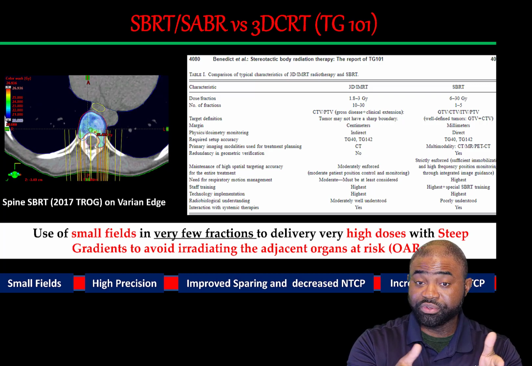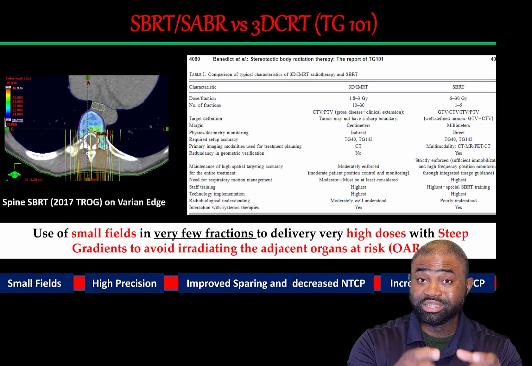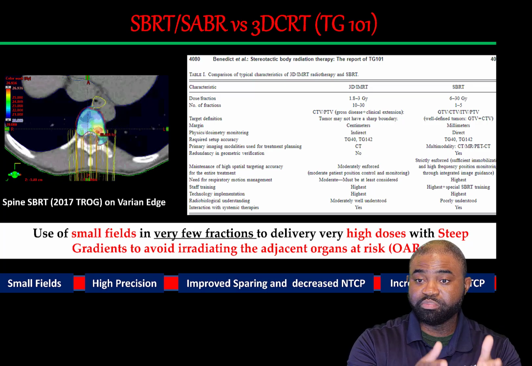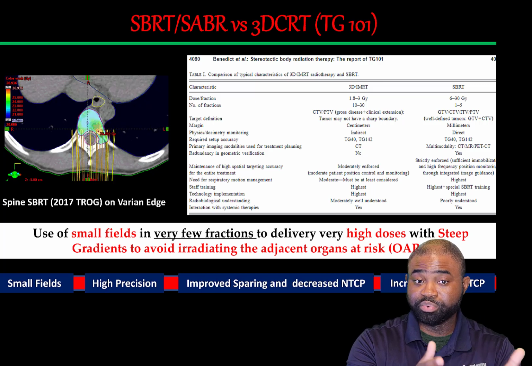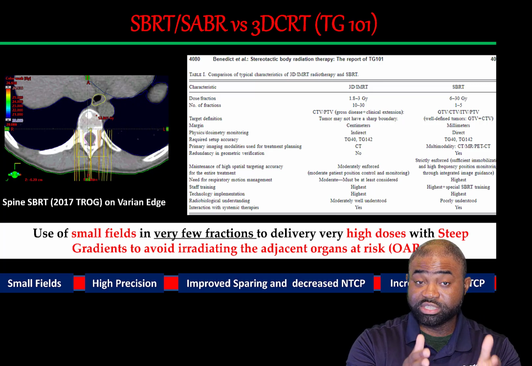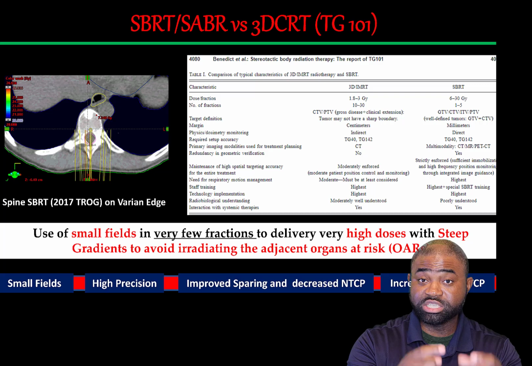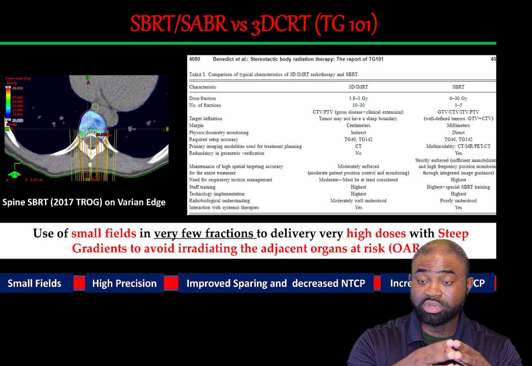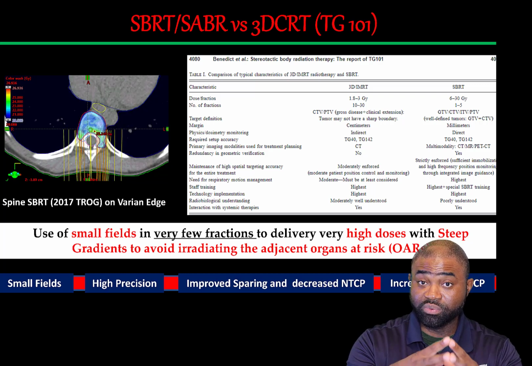Now, small fields in this context necessitate very high precision during the delivery process, and also a high degree of accuracy in target delineation as well as in the delineation of the surrounding organs at risk.